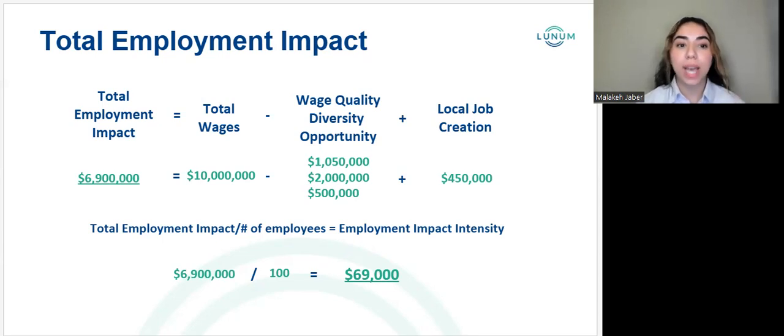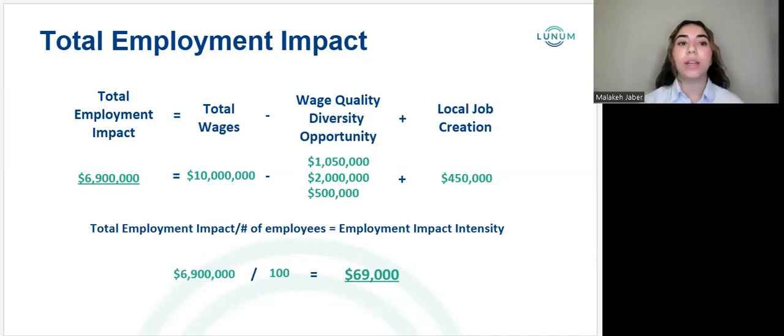We subtract that $10 million by the wage quality, diversity, and opportunity, that $1,050,000, $2 million, and $500,000 respectively. And finally, we add the local job creation impact that we just calculated of $450,000. Ultimately, we reach a figure, once we run those calculations, of $6.9 million.